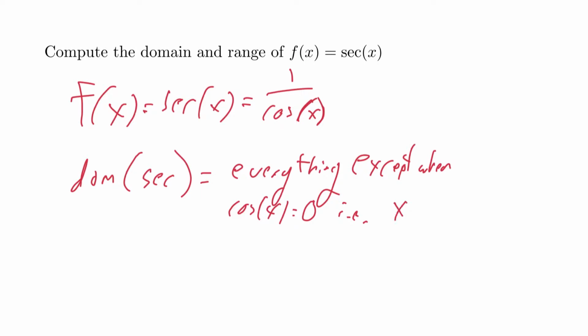Well, that's at pi over 2, but also at pi over 2 plus k times pi for any integer k. So unlike sine and cosine, which had domain as everything, secant has limited domain. I have to remove the places where cosine is 0. How about for the range?